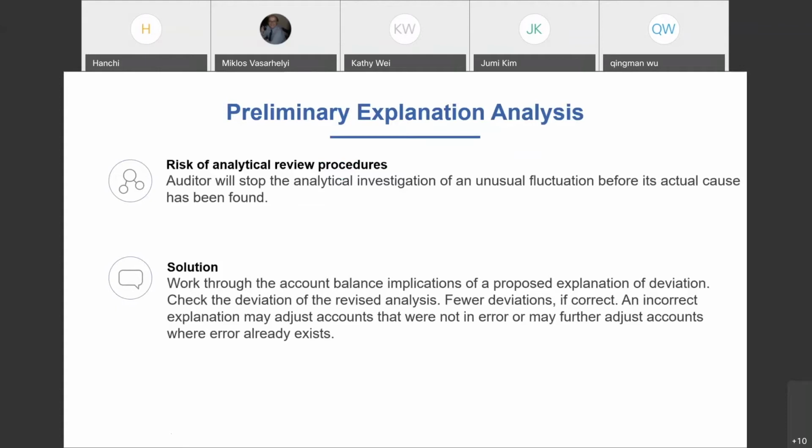So what we should do is walk through the account balance implication of the proposed explanation of the deviation, and check the deviation of the revised analysis. If we find there are fewer deviations, then we know that our hypothesis is correct. If it's incorrect, that may adjust accounts that were not in error, or may further adjust accounts where errors already exist.